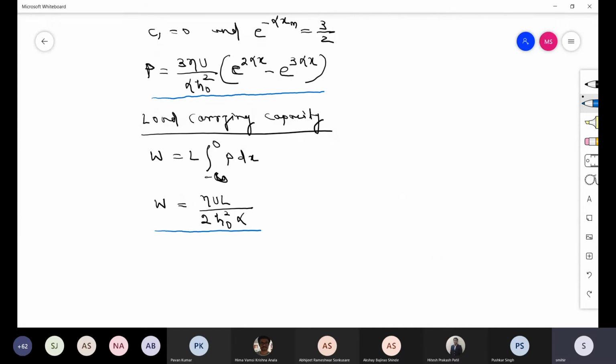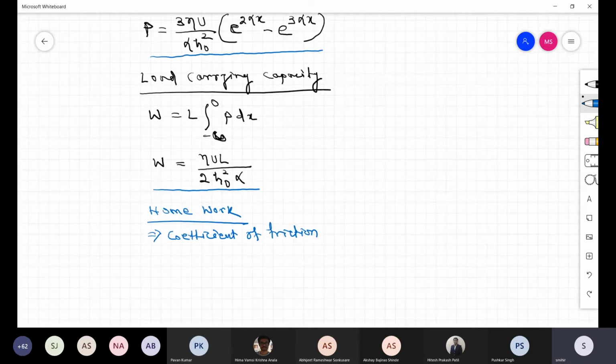So homework, you find the coefficient of friction for this exponential bearing.